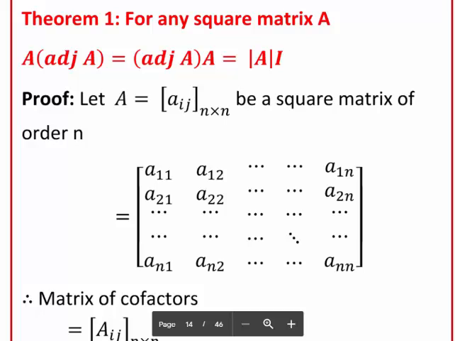This is our matrix A. First we calculate the adjoint of this matrix. Before that we have to find the cofactor matrix.